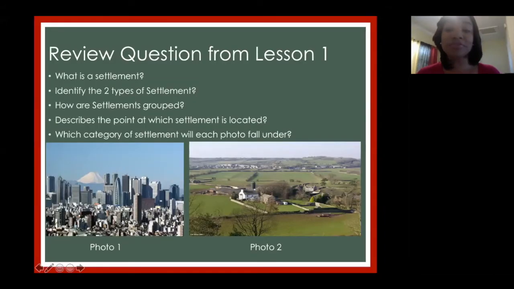So for all of you who were part of the lesson yesterday, let's do a quick review. You can share all of your answers in our chat. We're going to go through each one, question by question. First question. What is a sediment? Yesterday in part 1, we discussed what a sediment was.